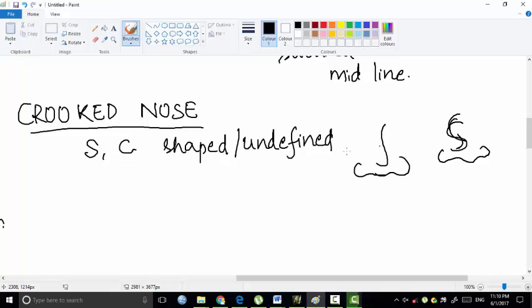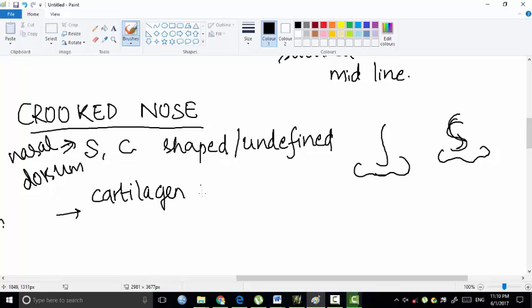It's crooked because the nasal dorsum is S-shaped or C-shaped, that is, it is not in the general framework. Now this may be in the cartilaginous or bony framework.